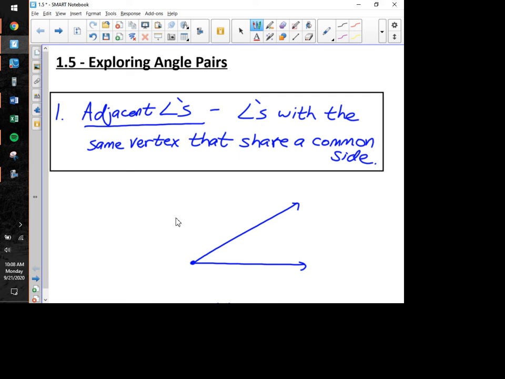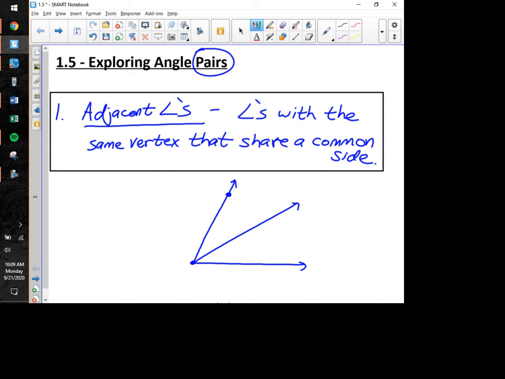To make a pair of adjacent angles, and everybody, I should point this out, we're talking about pairs, so there always have to be 2 angles here in order to do whatever it is that we're talking about doing. To draw 2 adjacent angles, I now need to draw a second angle that has the same vertex as the angle that we just drew, and they need to share 1 ray in common. So the easiest thing to do now, guys, is just to draw a third ray coming out of the exact same endpoint, vertex, as the first 2.